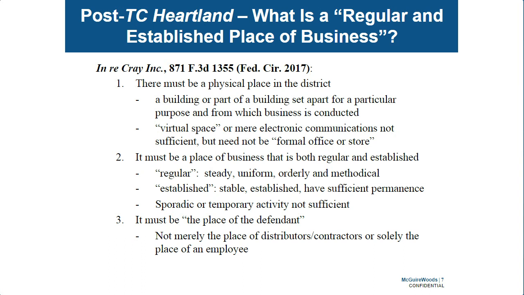A virtual space or some sort of electronic communication would not be sufficient. Okay, and also the place must be a place of business that is both regular and established. So something that's sporadic or temporary would not be sufficient. And finally, it must be a place of the defendant. So it's not merely the place of distributors or contractors or solely the place of an employee.